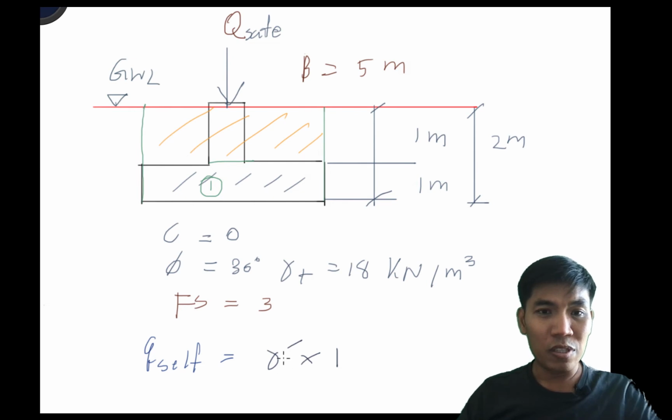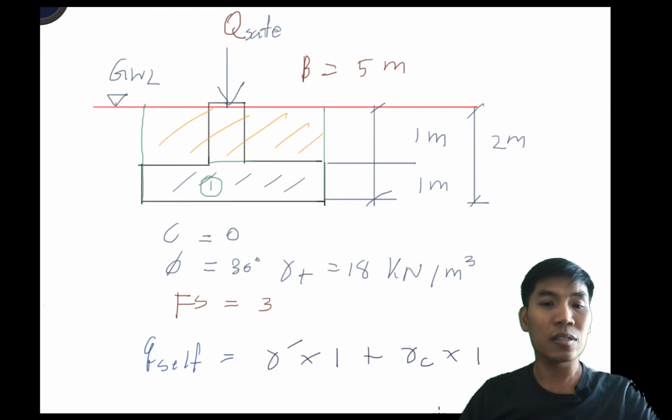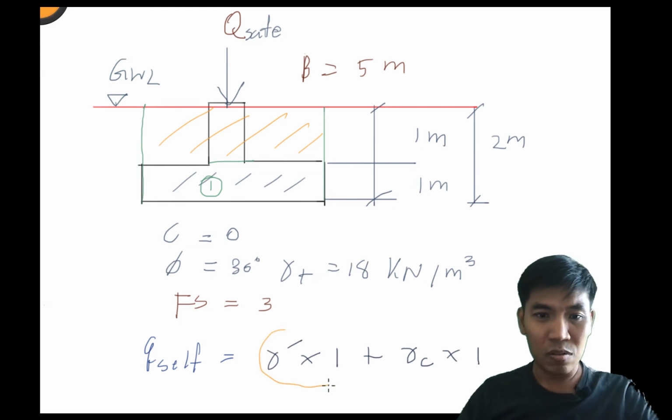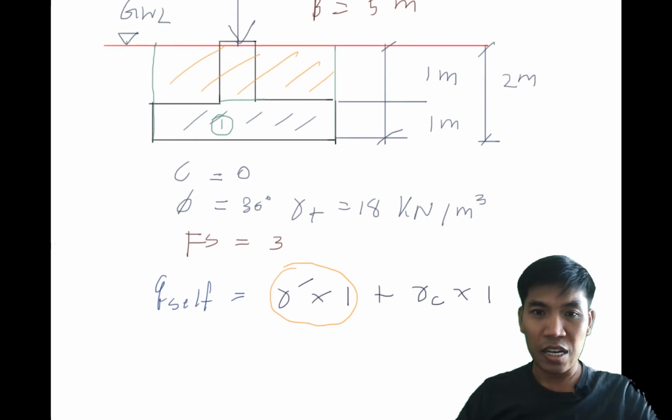This one is from the soil itself, and the other one is the foundation. Gamma C is the concrete with 1 meter. Yellow, and I think it should be green one. This one is soil, and this one is concrete.